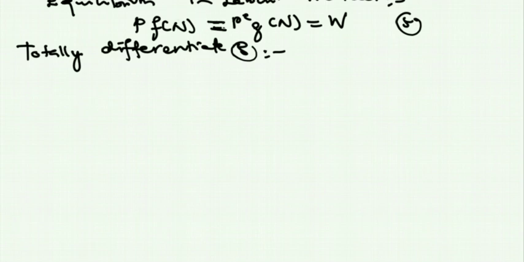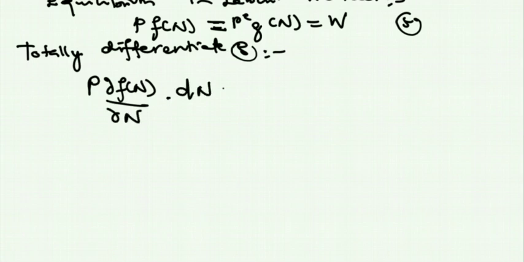This is the equal sign, left hand side. How do I differentiate it? PFn, so I use the product rule. I keep price constant and I differentiate Fn: delta Fn over delta N times dN, done. Equal sign.